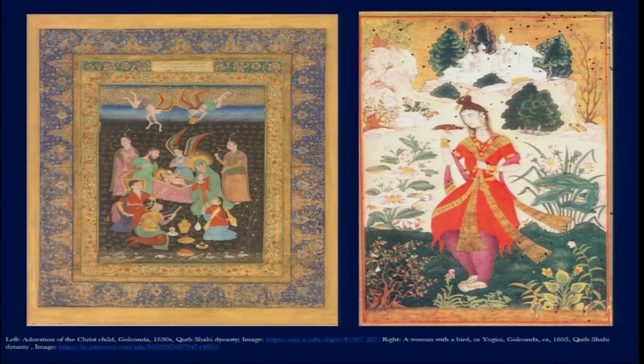So, we find that these characters, the goddesses and figures like Andal, have a bird in their right hand, and usually that is a parrot. This holding of the bird in their hand also symbolizes intelligence.